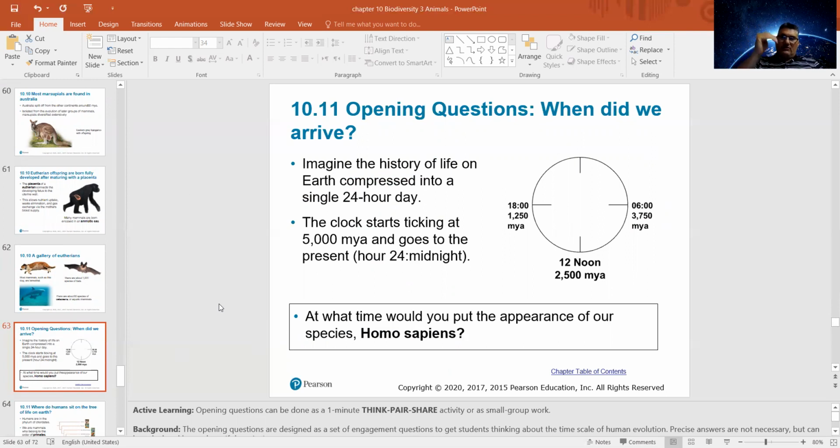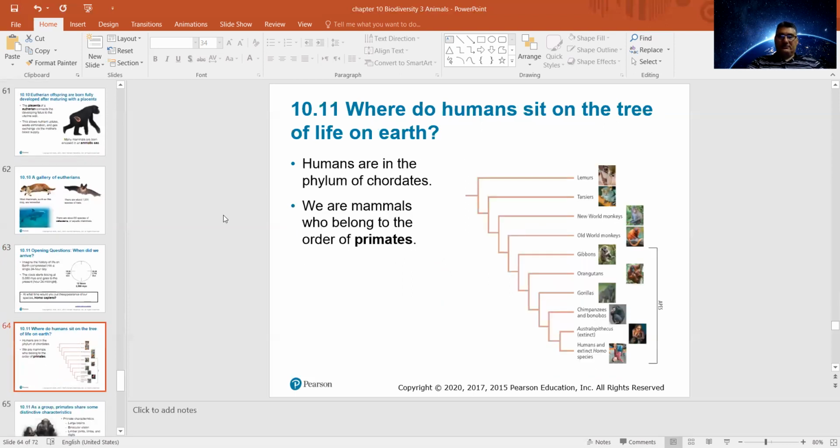Remember, species is one of the ranks, going from one to one to one until the species, our species is Homo sapiens. So here it is. We are in the phylum of the chordates, vertebrates. What type of chordates? Mammals, coming from the order of primates. So humans are in the phylum of chordates, mammals that come from primates.